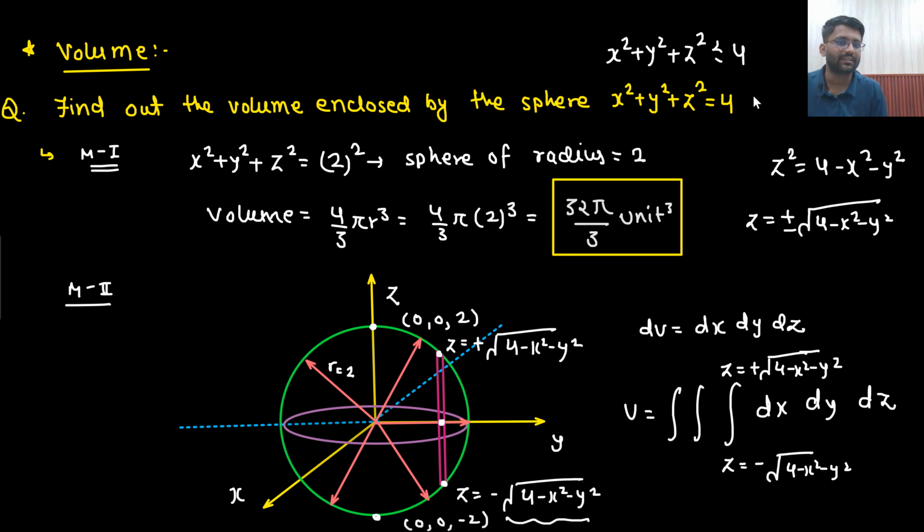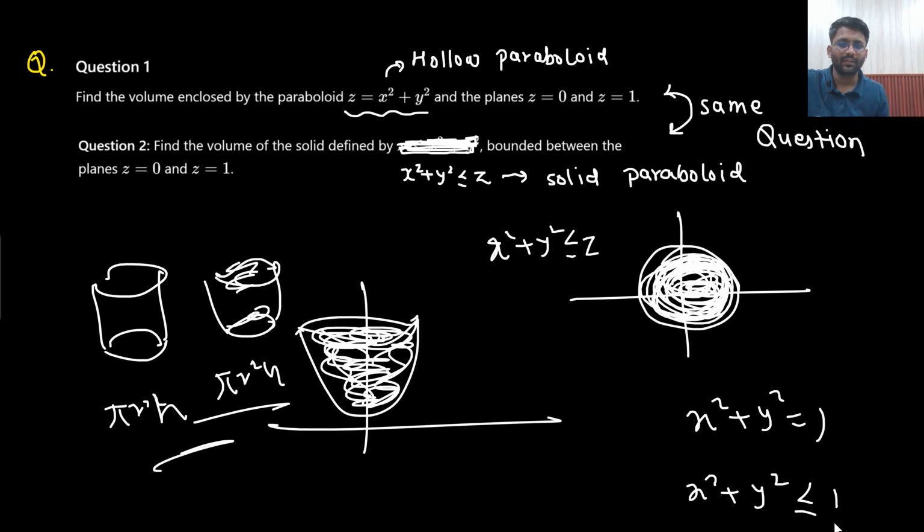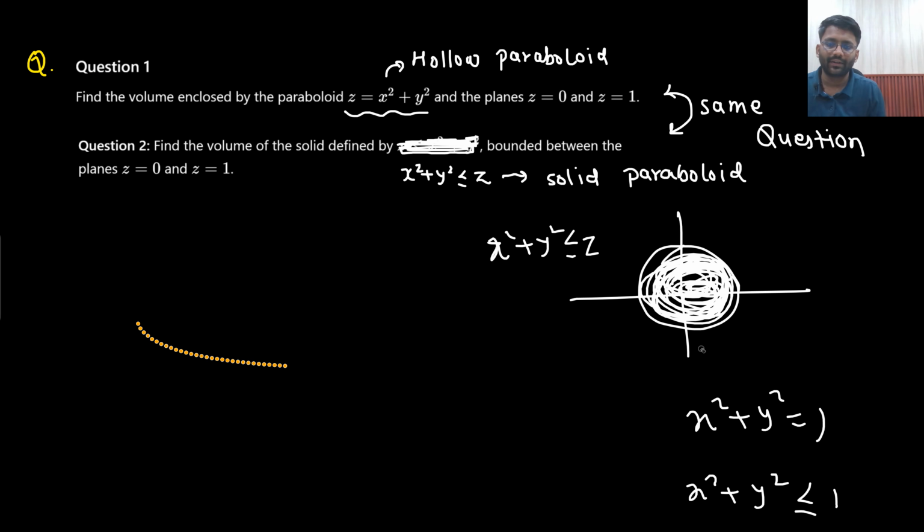No, it will give you the same answer, because they are asking for volume. Volume is always the same for hollow and solid. Is that clear to you or not? Absolutely clear, right? So this is the point that I wanted to make.